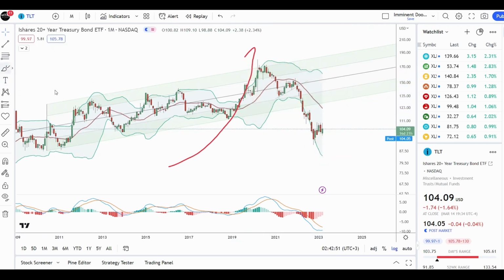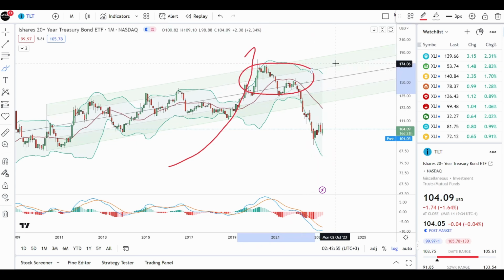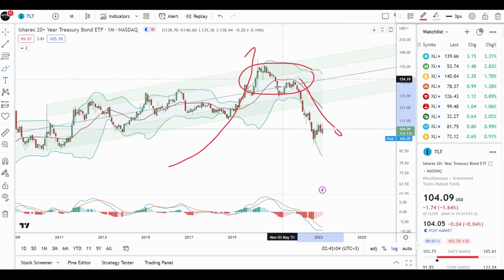So SVB takes all of these deposits, they buy treasuries, unfortunately at the top, as inflation begins to roar, as the Fed begins to tighten monetary policy and raise interest rates, all of these long-term treasuries get absolutely crushed. So what happens next? Now you took the deposits of these clients, you bought treasuries, and this investment failed. Now, if you had to hold these investments into maturity, you would have been fine, right? You would have recovered all of your deposits.